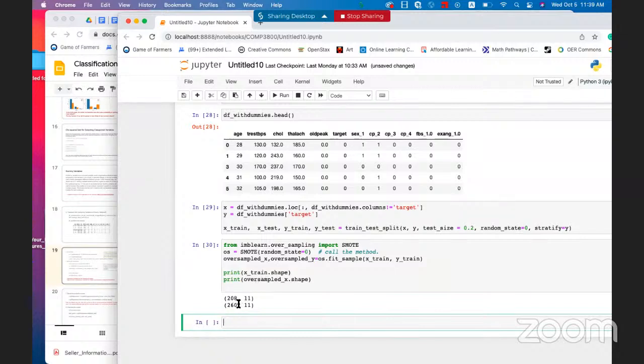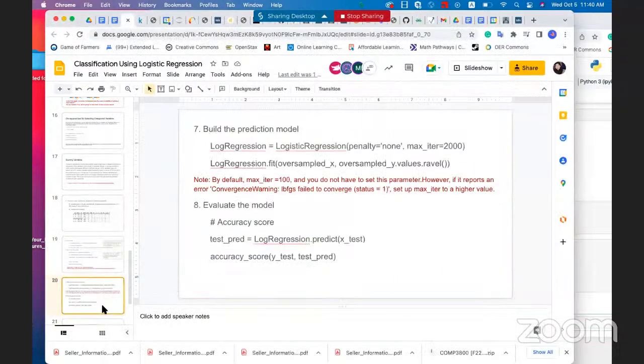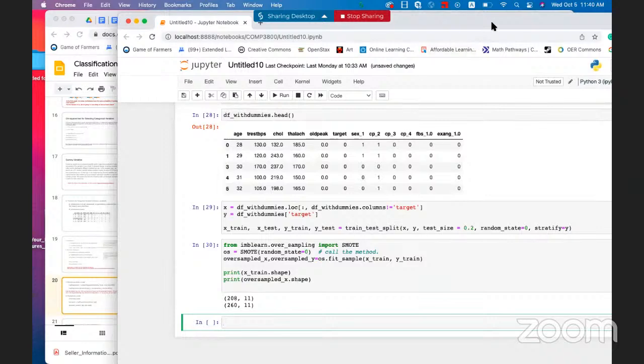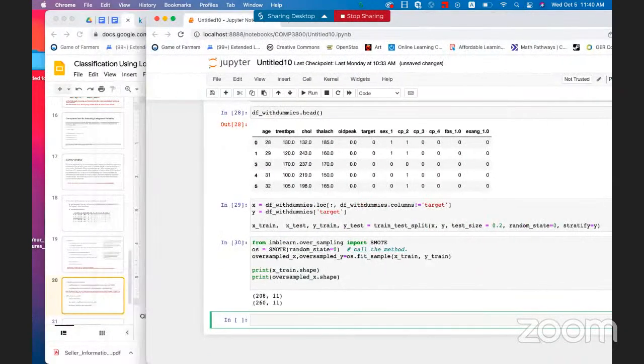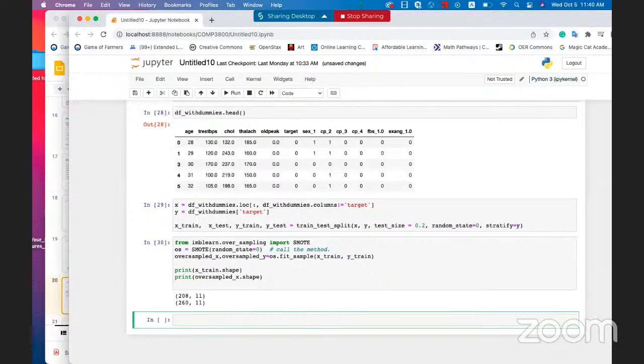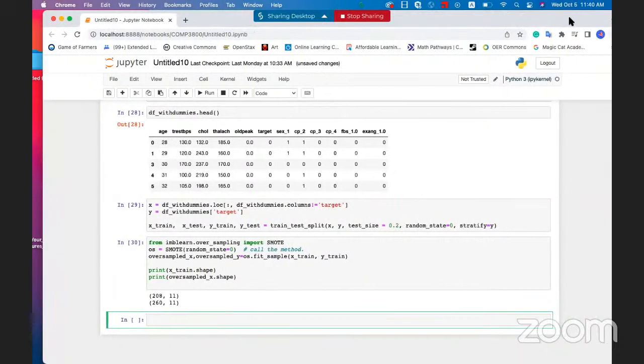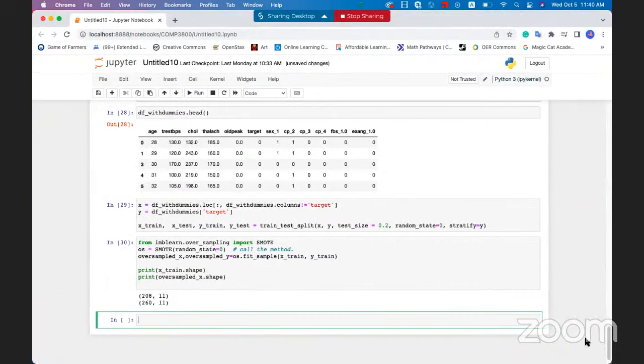You see, they added 52 instances to the training data set. Okay, now I think our data is ready to apply the logistic regression model.